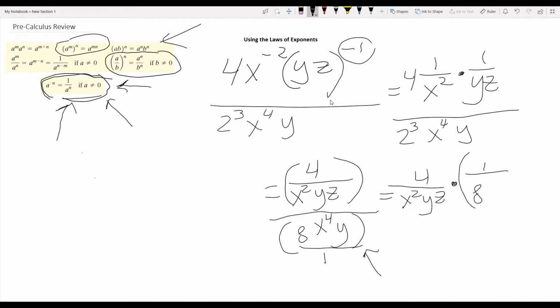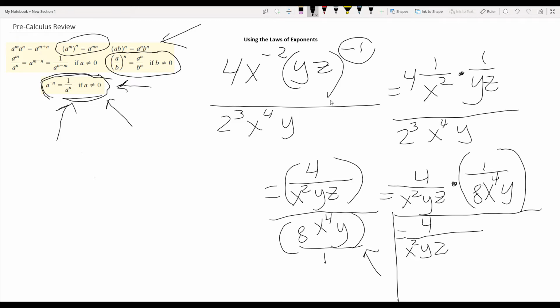Be careful here, you don't mix them. 8 x to the 4th power times y. Okay, so now this is equal to 4 over x squared yz, 8 x to the 4th y.